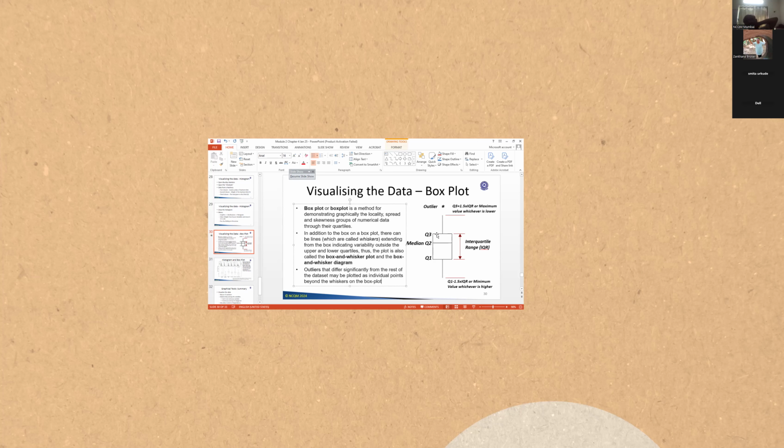So the population above 60 years constitutes only 25%. In case of Japan, this Q3 may be about 70%, so a lot of population is beyond that particular age.